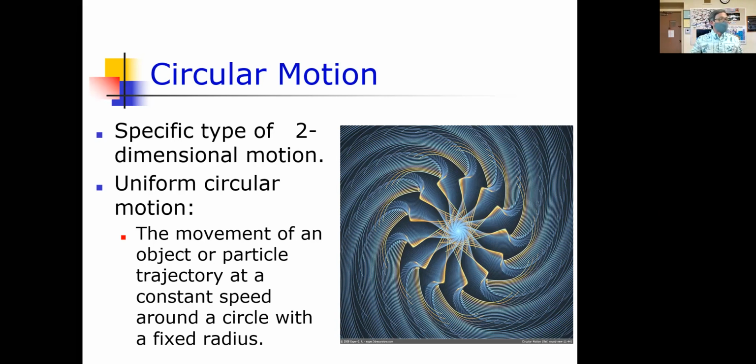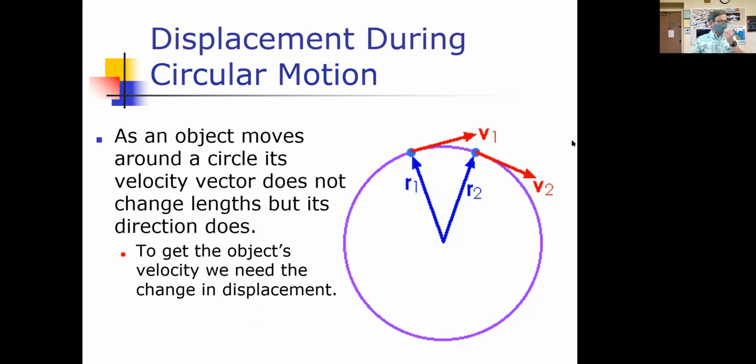So what we're going to do is talk about the displacement as we move along. As we talk about the displacement here, you're going to notice that instead of talking about a straight line motion, we're going to actually talk about an arc in the motion. When we talk about the displacement of an object moving in a circular manner, we can't talk about it in terms of linear motion, because if that were the case, at any point, when you move the object, it always ends up where it starts out.